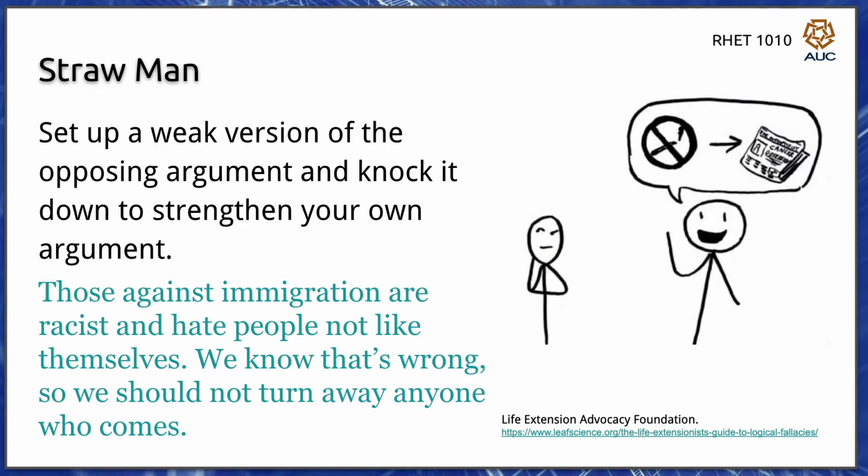You can guess at it maybe, but you haven't logically supported that. This is not a logical argument. What you're doing is you're casting your opponents as really nasty people. And then, of course, we all know that we shouldn't support nasty people, so it helps you make your point against your opponents. Unfortunately, it's not a logical point you've made. Doing this is called a straw man logical fallacy.